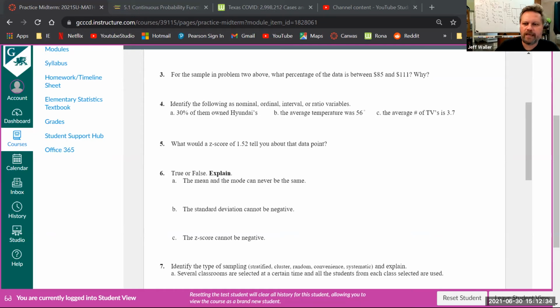Ordinal is if they have to be in order. So what I intended with this is just nominal. It's just names of cars. But if you look at it as the number of Hyundais, then it would be ratio because you could have 0 people with Hyundais.